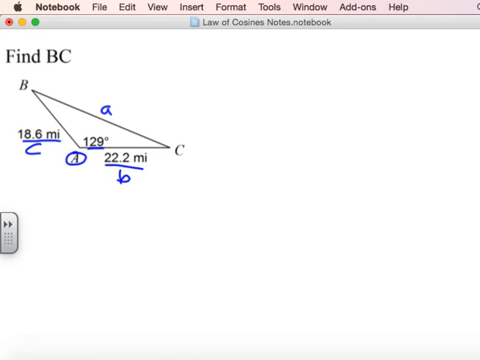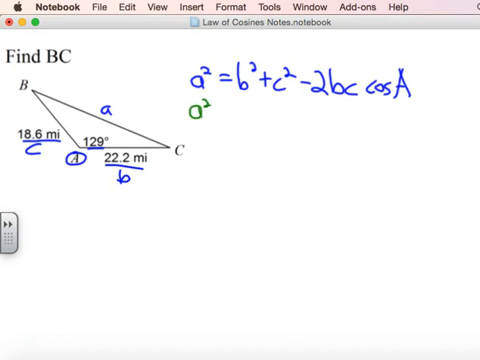Okay, so we're going to use the same formula again because we want to find little a, but now we don't know a. So we're going to say a squared equals b squared plus c squared minus 2bc cosine of angle A. So let's plug everything in that we know. We don't know little a, so we're going to leave that a squared. And then we know b is 22.2 squared.